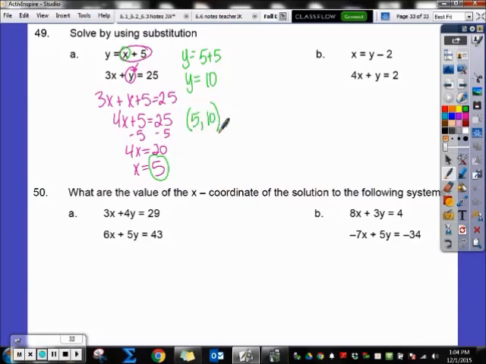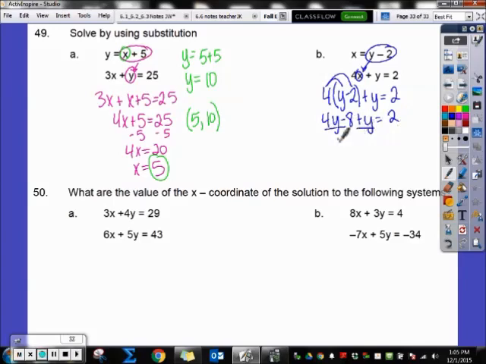For the second one, it's also set up nicely for substitution. X equals all of that. So I'm going to plug it in for x in the second equation. So 4 times y minus 2 plus y equals 2. Make sure you use those parentheses. 4y minus 8 plus y equals 2.